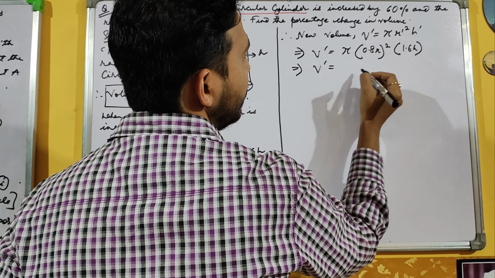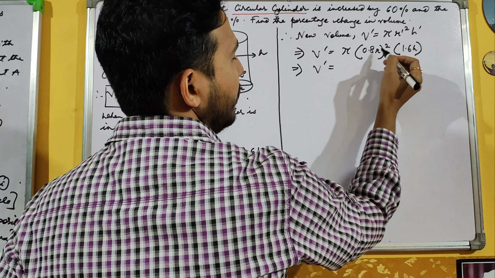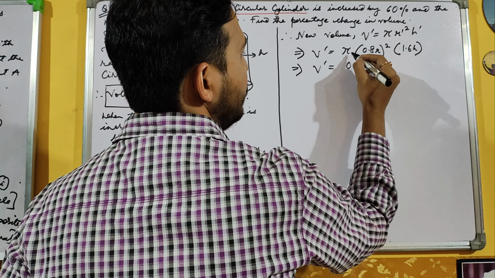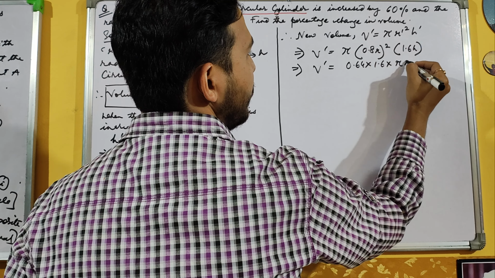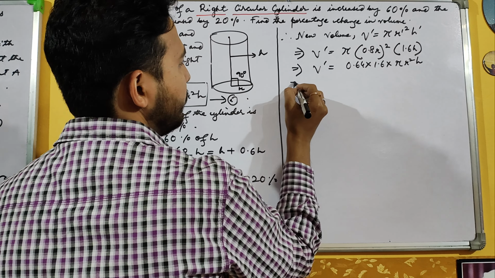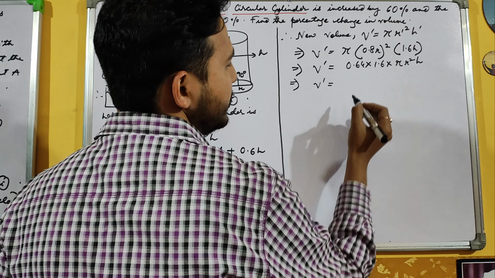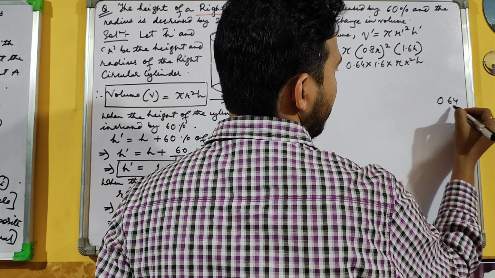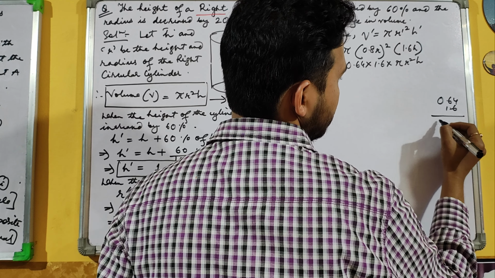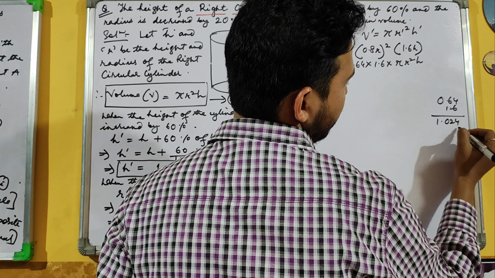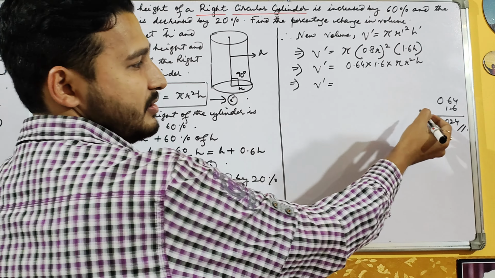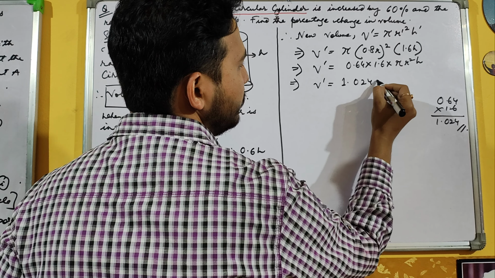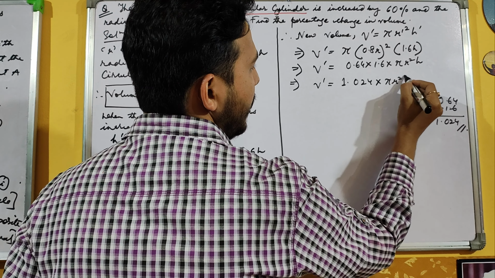Now let's find out. V dash is equal to, what is 0.8 square? 0.64 into 1.6 into pi r square h. What is 0.64 into 1.6? You can just multiply. 1.024. Okay, you can just check the multiplication afterwards. That would be 1.024 into pi r square h.